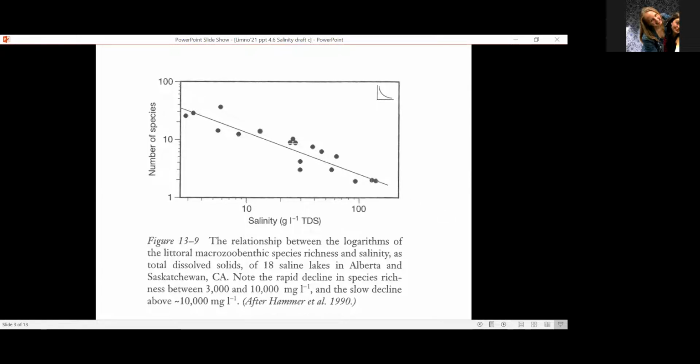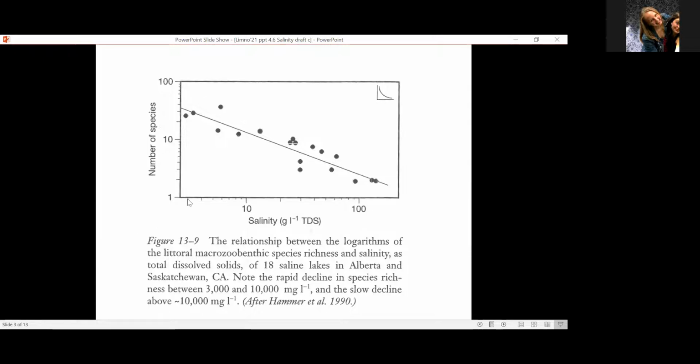Okay, and now Kelf points out to you that you can't really tell what the shape of this is. Mentally, I think it's hard to visualize. So here's a little cartoon of the shape, I think. But they're showing, notice this rapid decline between 3,000 and 10,000 milligrams. And so that's between 3 and 10 grams.